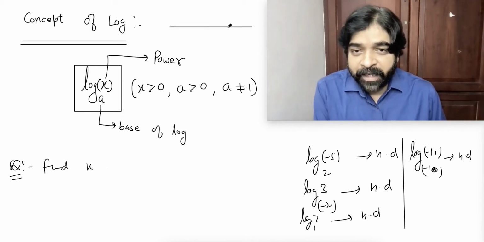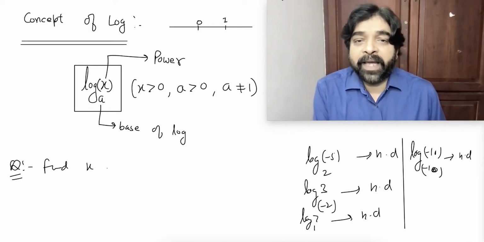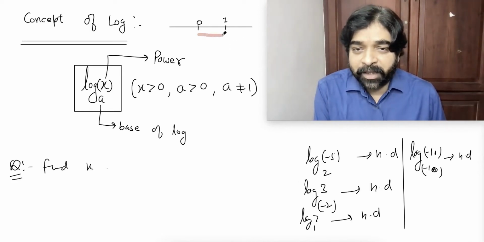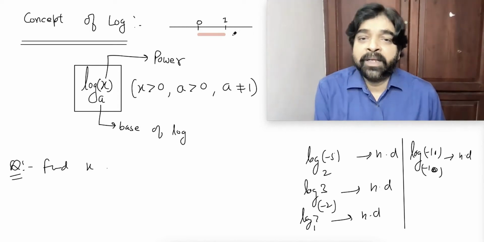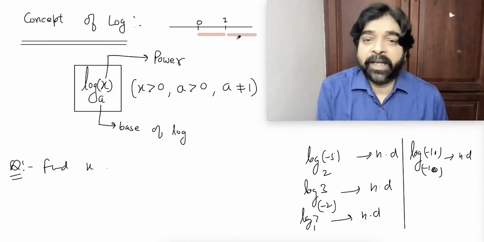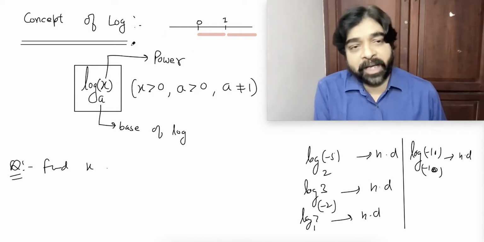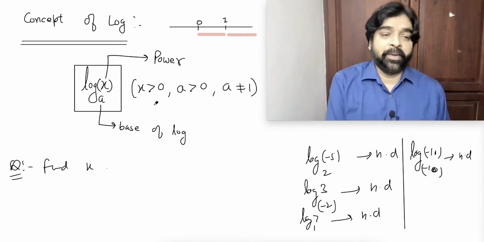A should be greater than 0 but not equal to 1. So a can be anything from here to here, and then from here onward. A can be between 0 and 1, a can be after 1, but a cannot be 1, a cannot be 0, a cannot be before 0. I hope it's clear.